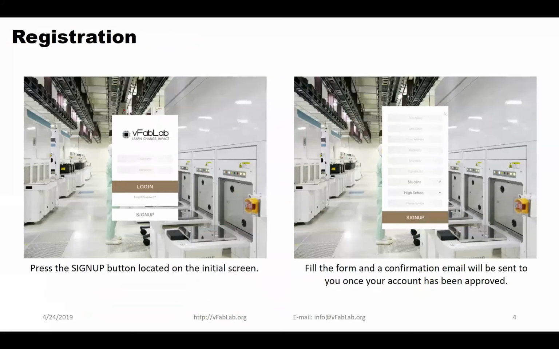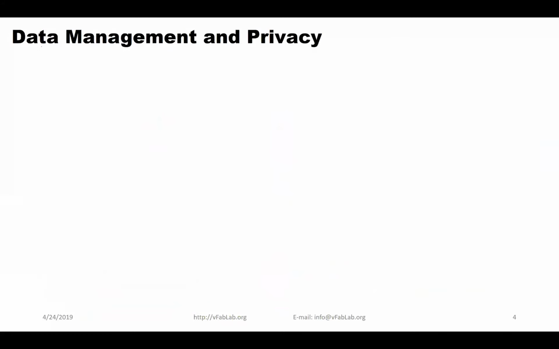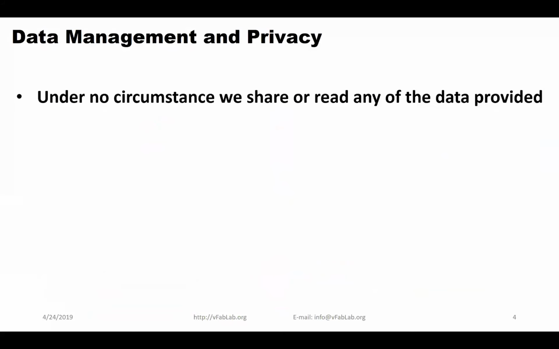So when they have this form filled up, a confirmation email is sent out to the user for the account to be approved. A couple of things: certain data is secured during the registration process, so we would like to assure all of our users that under no circumstance do we share or read any of the data provided.